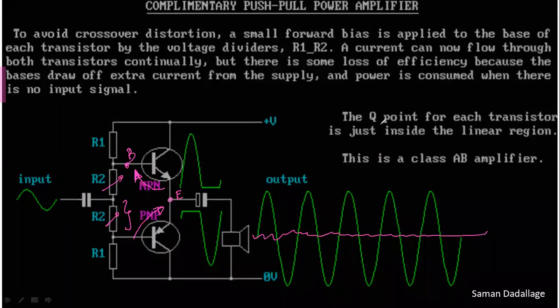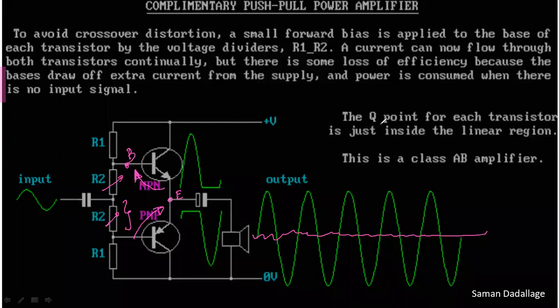The beauty is here: when you apply an input signal, your circuit will switch to the active region and start doing the amplification. But when your input is equal to 0, both transistors will stay in the cutoff region.